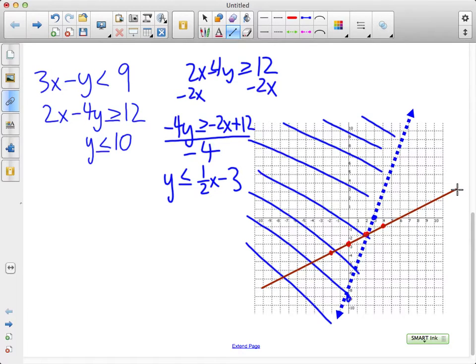Solid line because it's a less than or equal to, right? Which means the line itself is included in the inequality. And since we have less than, it's going to be everything below that's shaded.